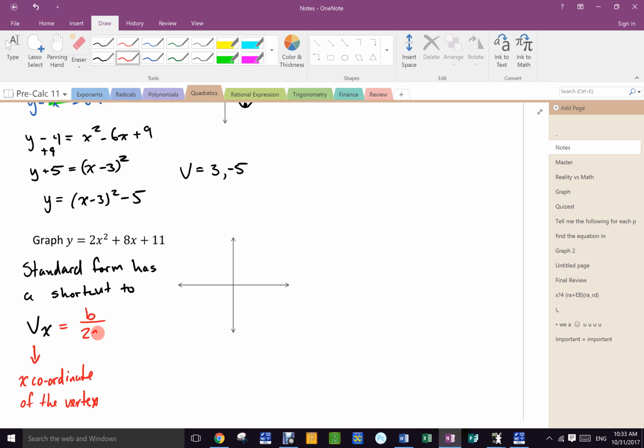So looking here, what is b and a? Where's b? 8. Where's a? 2. So knowing what you know now, can you find the vertex x-coordinate?